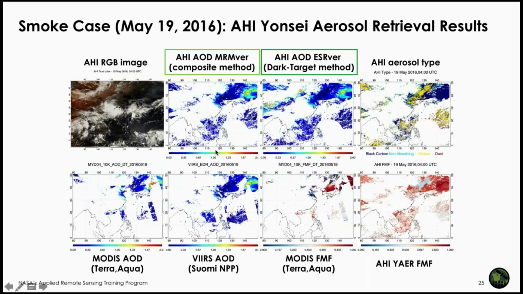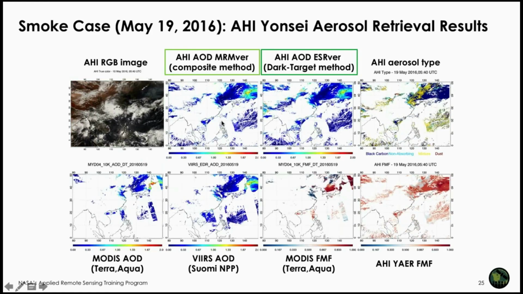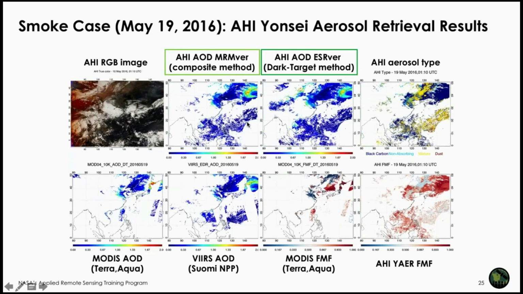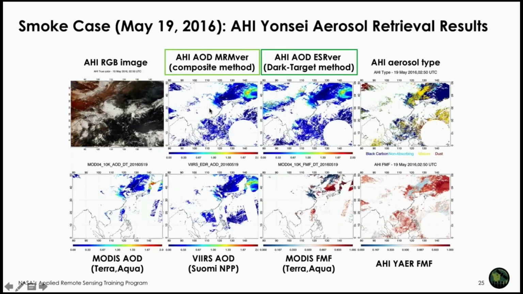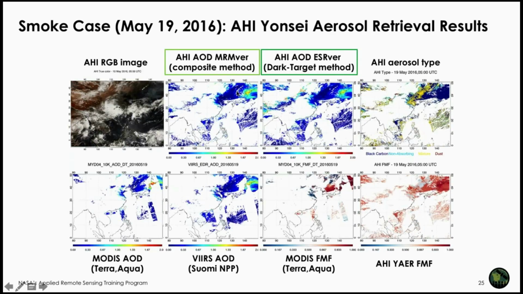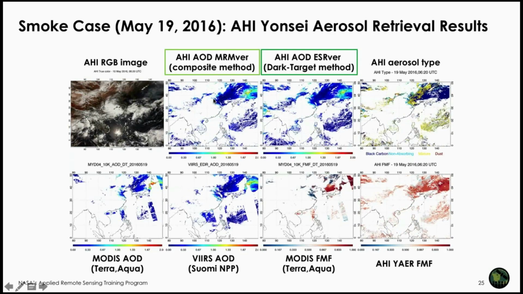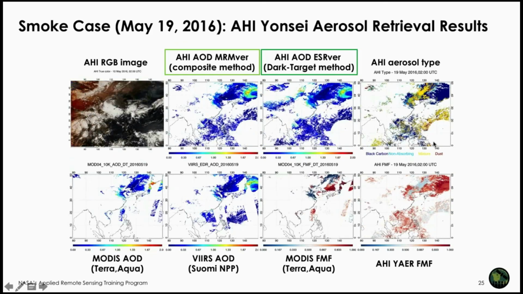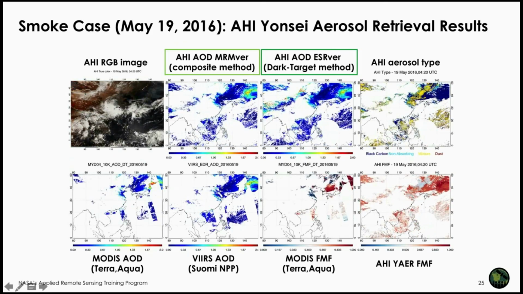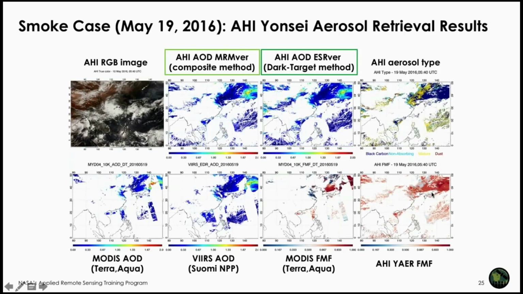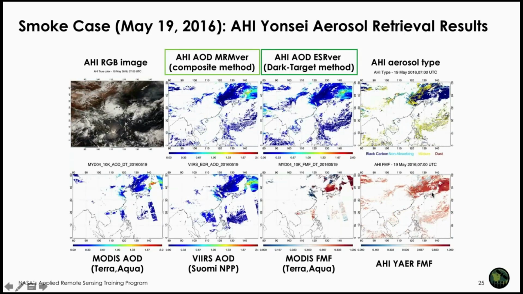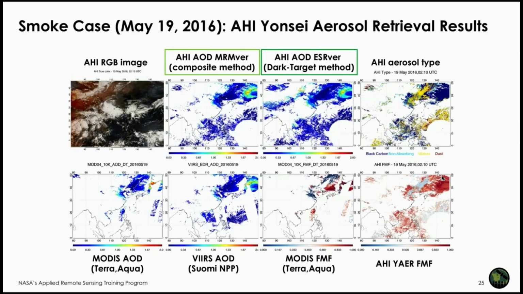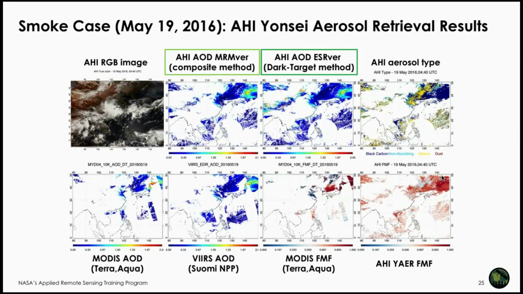Most of the sunglint area of the geostationary satellite is located near the equator, so we can see a more continuous image of the aerosol plume over East Asia from China to Japan. And in this case, the plume also shows a very high fine mode fraction compared to the previous case. So it means that the smoke plume is very well classified in this algorithm.